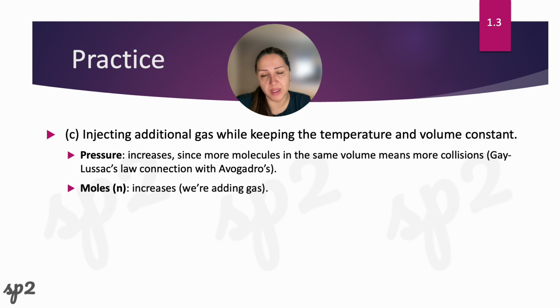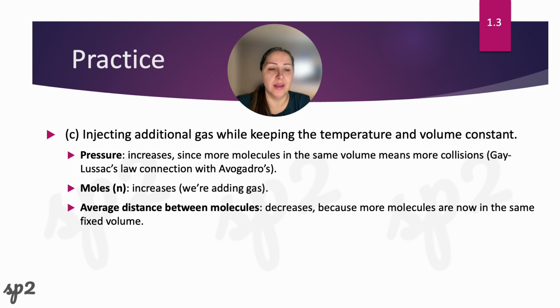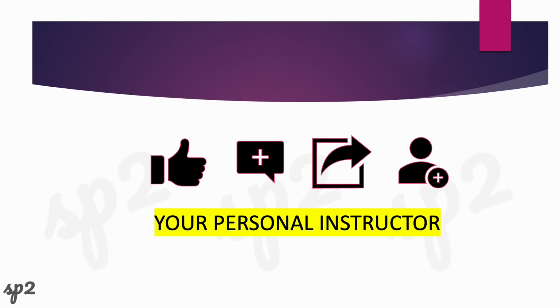The number of moles of the gas is obviously increasing because we're adding gas. And the average distance between the molecules has to go down, because the volume is constant but we have more moles of the gas, so they're going to have a smaller space between themselves. Okay, I hope that makes sense.